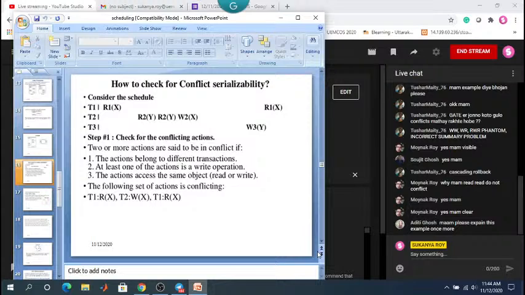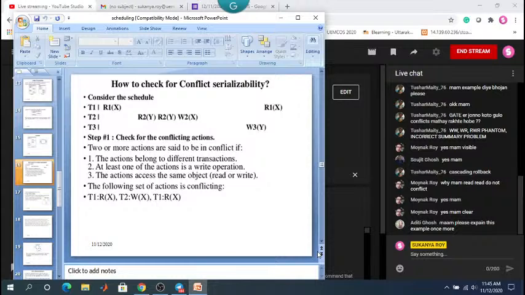Two or more actions are said to be in conflict. These are the statements, remember that. Two or more actions are said to be in conflict if, number one, the actions belong to different transactions, different instructions in the transaction.